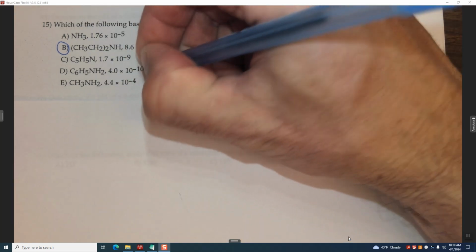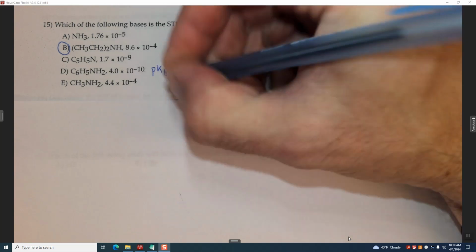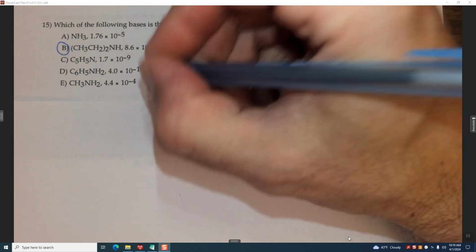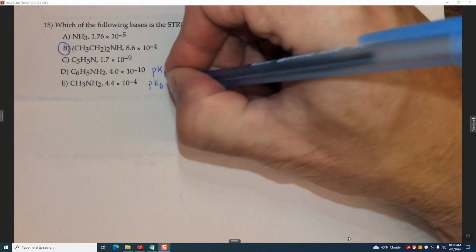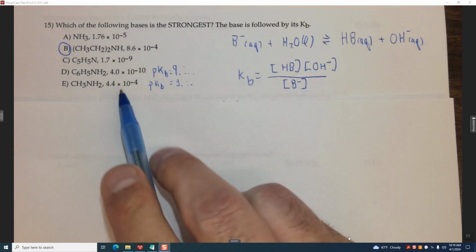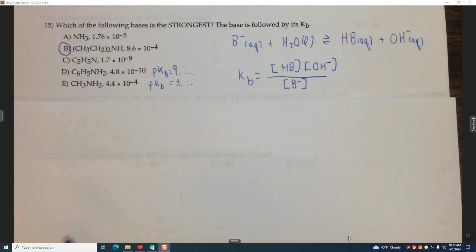So here the pKb equals 9 point whatever, and here the pKb equals 3 point whatever. I don't know the exact values because I didn't calculate them. The smaller pKb is going to be the stronger base, and the smaller pKa is going to be the stronger acid.